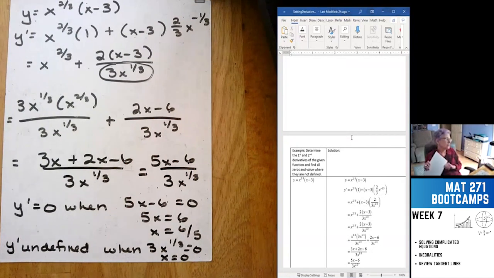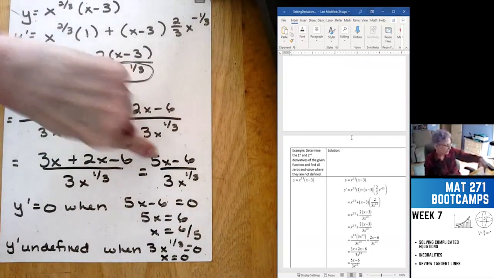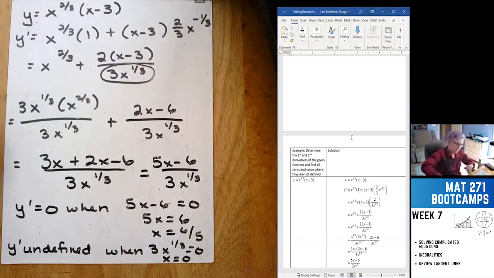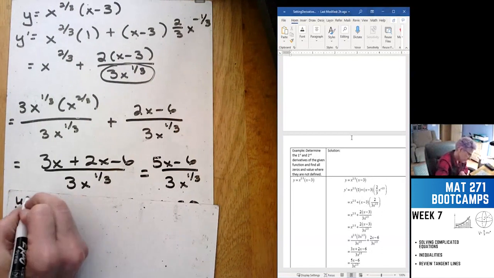Now we'll look at the second derivative. And I'm really glad that I simplified it into this instead of dealing with that. I'm going to go ahead and write it down again.